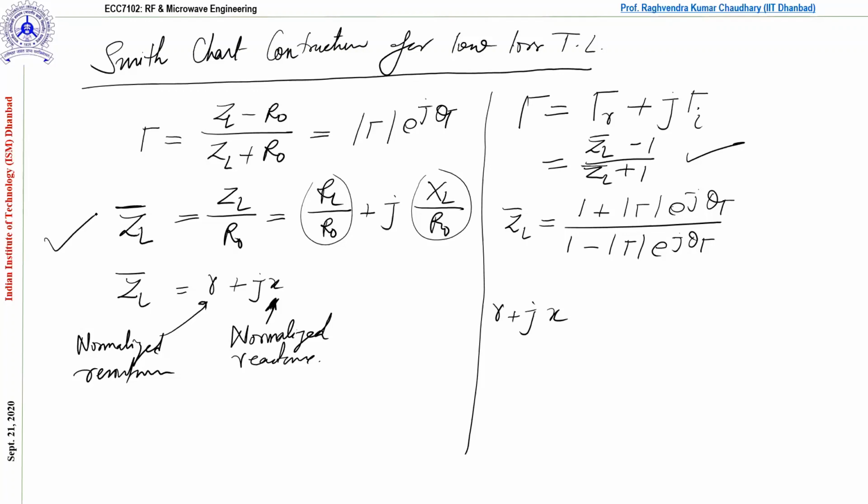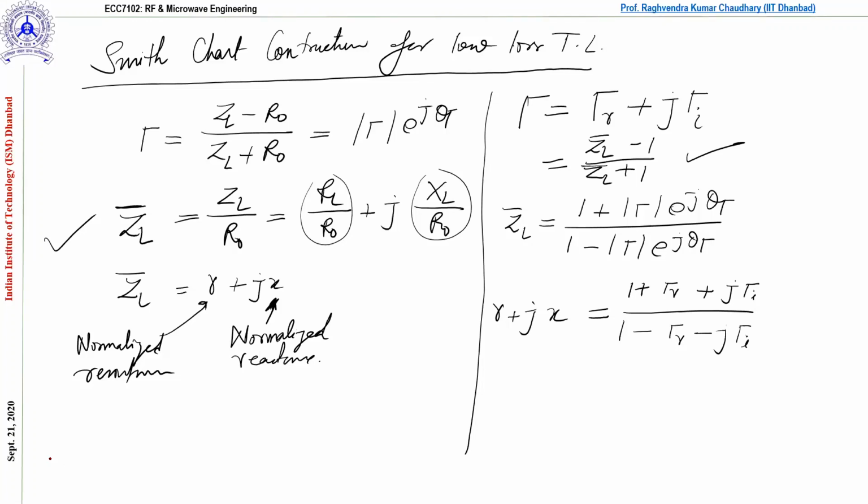So please check: r plus jx, and this could be related as, can we write like this: (1 plus gamma r plus j gamma i) over (1 minus gamma r minus j gamma i). Can we write? Yes, definitely, because we have seen that gamma could be expressed in terms of real and imaginary terms as a complex number.